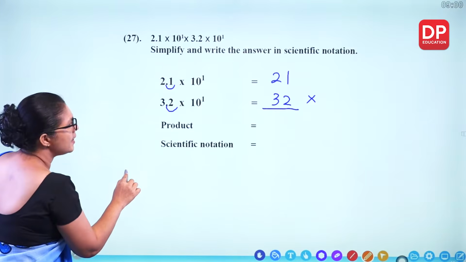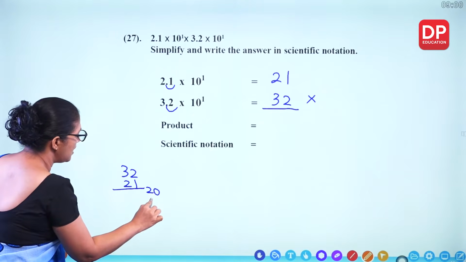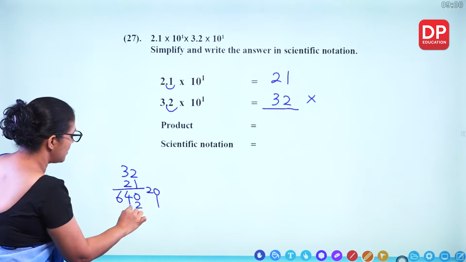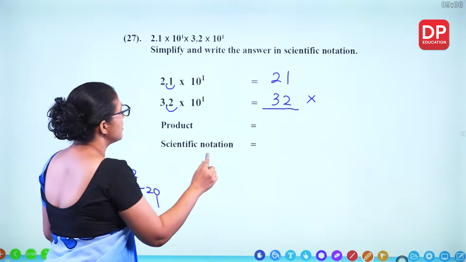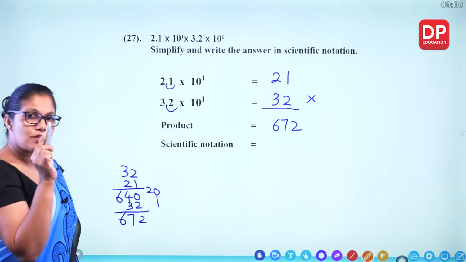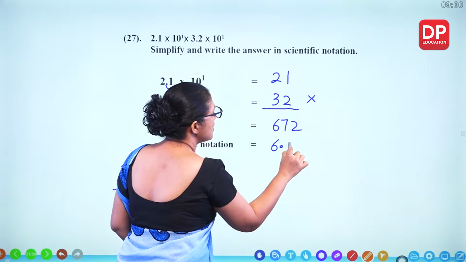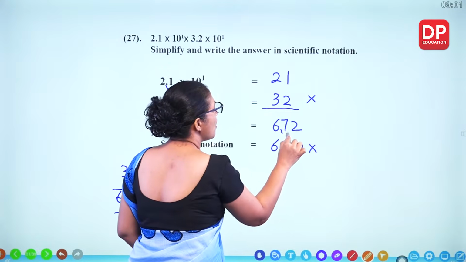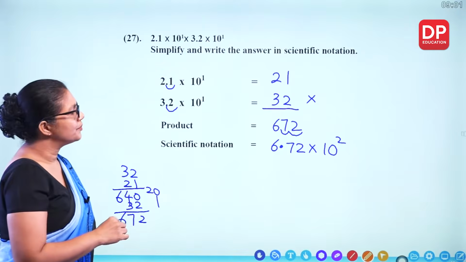So we multiply 32 into 21. 20 and 1. 4 and 6 and 32. You get 672. How do you write 672 in scientific notation? This is 6.72, 2 places to the right, 10 to the power 2.